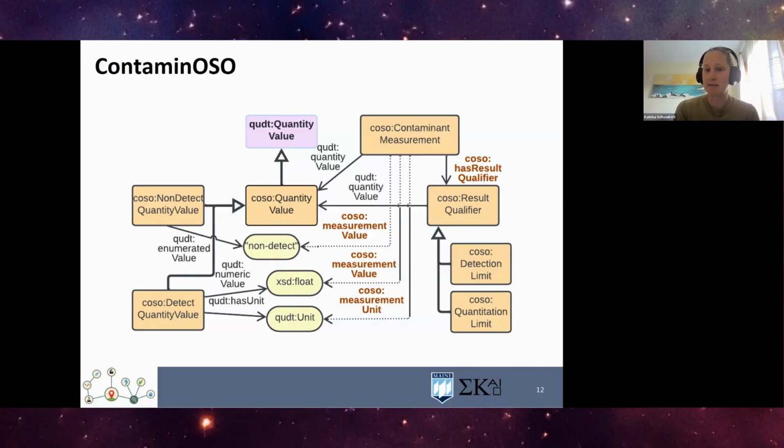And then also on the right-hand side here, you can see some important qualifiers for our measurement, including the detection limit and the quantitation limit. So these values are really contextualized based on this specific type of sampling that was done and what the precision was of the measurement at that time.